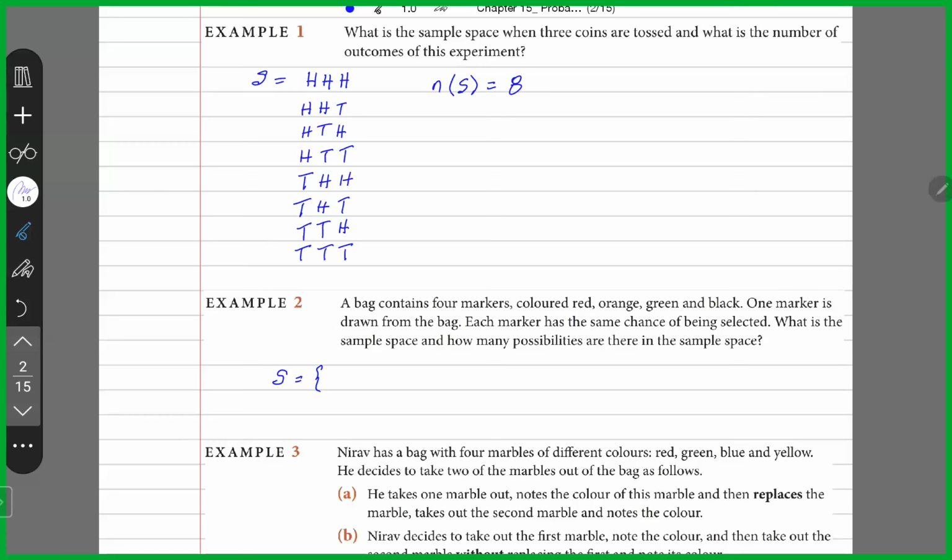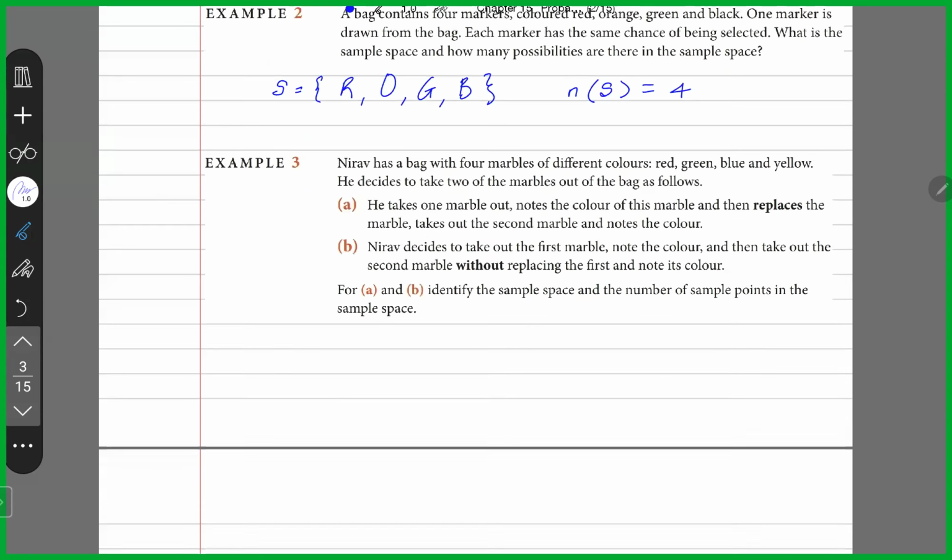I could get red, orange, green, or black. If I select only 1 marker, these are my possible outcomes. The number of sample points in the sample space is 4.